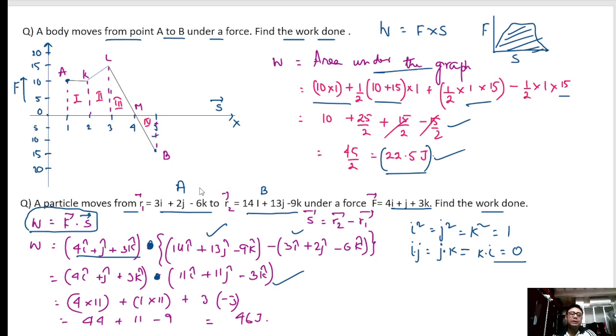So we only take the i parts: 4 into 11 is 44, then 1 into 11 is 11, and then plus 3 into minus 3 is minus 9. So this is the total work done by the body.